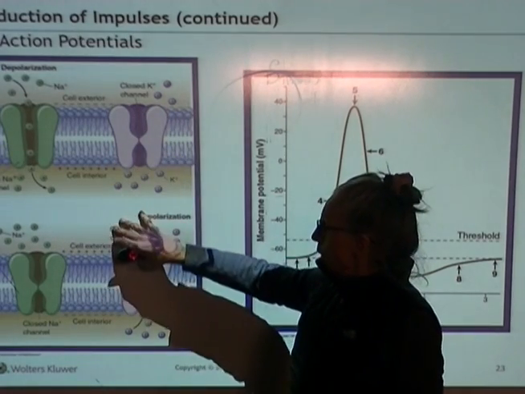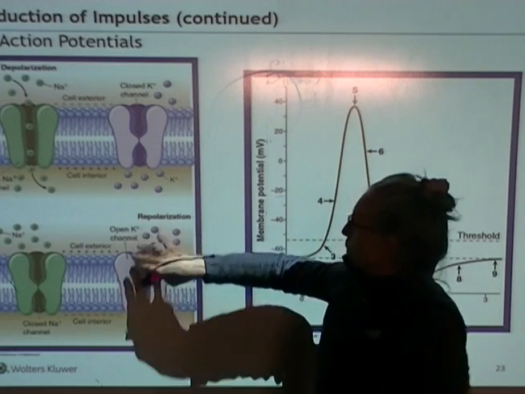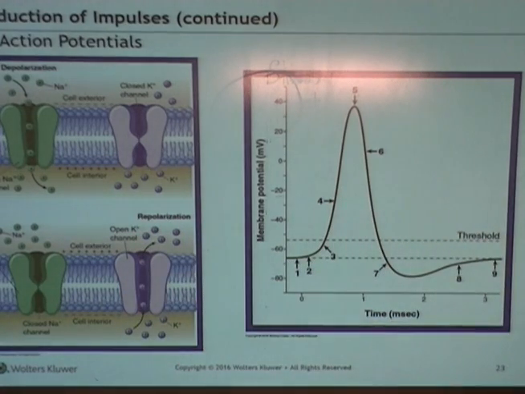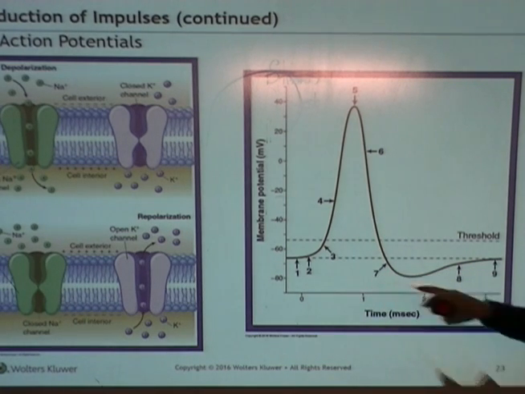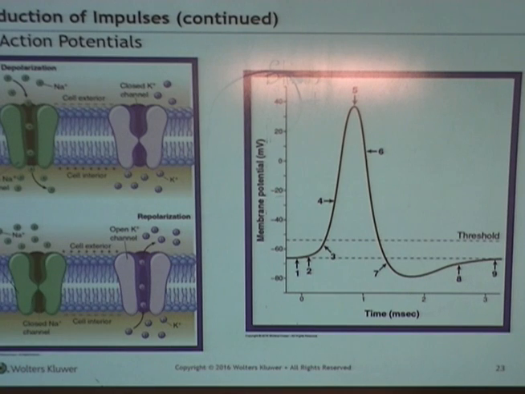And then to repolarize, we open the potassium channel. But this is the bit that to me is more interesting, right? Because you think about that and you can kind of get it in your head, okay, these channels are opening, the ions are moving backwards and forwards, that changes the balance of the charge across the membrane, right?